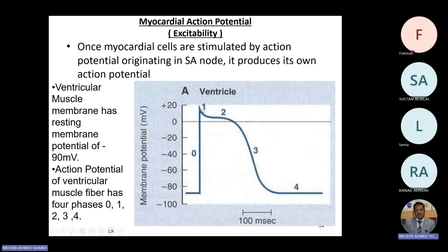And from there will be a plateau phase. This phase is known as the plateau phase. And then after the plateau phase, it will start repolarizing. This is called repolarization, that is phase 3. And then again the resting membrane potential. So this is about ventricular muscle action potential.